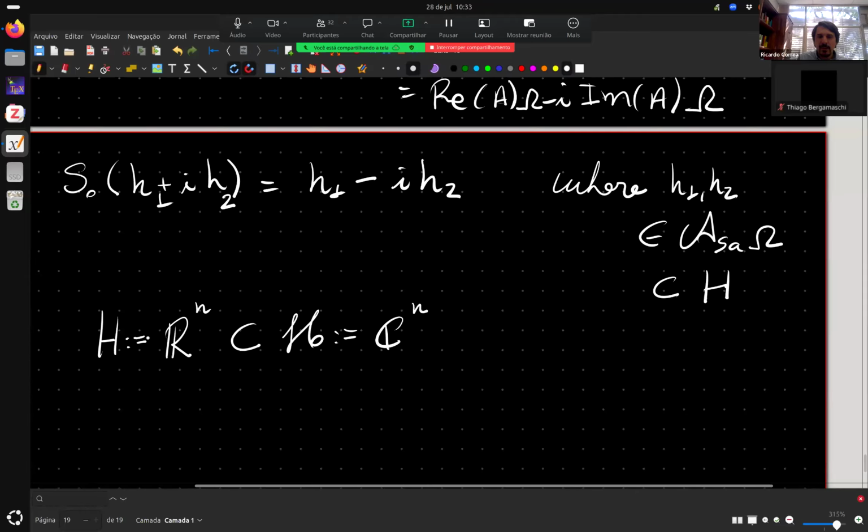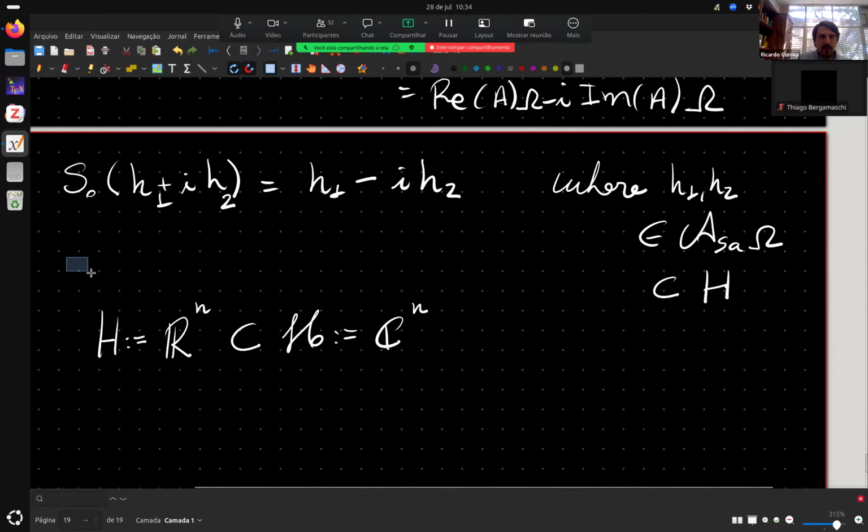That it's separating is obvious, and that it's cyclic is because Rn plus I Rn is the whole Cn, because of dimensions. So that would be the easiest type of example, but many others exist, in particular when my Hilbert space is infinite dimensional.